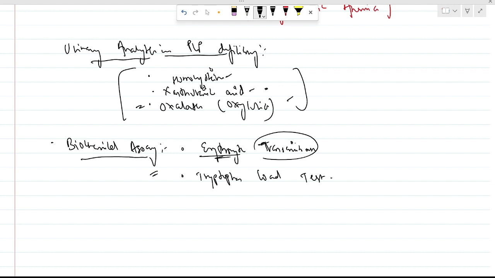In this, the suspected patient for diagnosis is given a load of tryptophan. As PLP is involved in tryptophan metabolism, if there is a deficiency, this will lead to an increase in the level of xanthurenic acid. You've seen above how xanthurenic acid is formed. Also it can lead to pellagra-like symptoms. This tryptophan load test is also very useful. The first major one is erythrocyte transaminase. So these two are the biochemical assays.